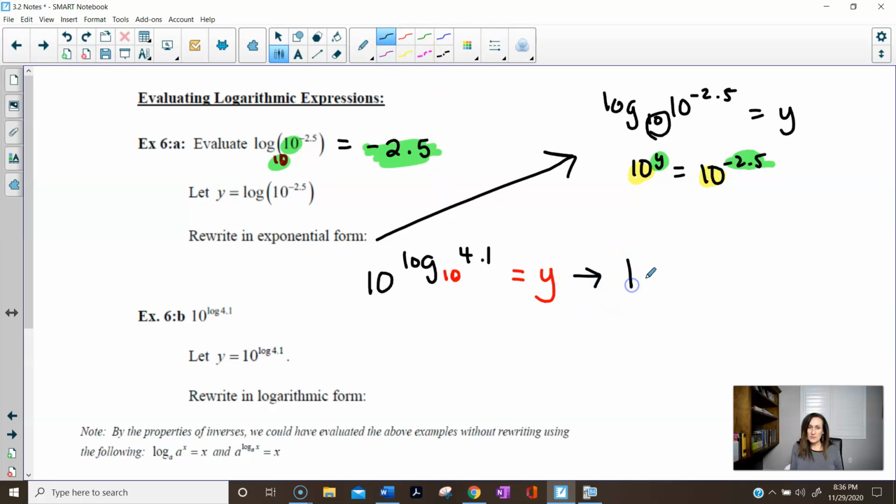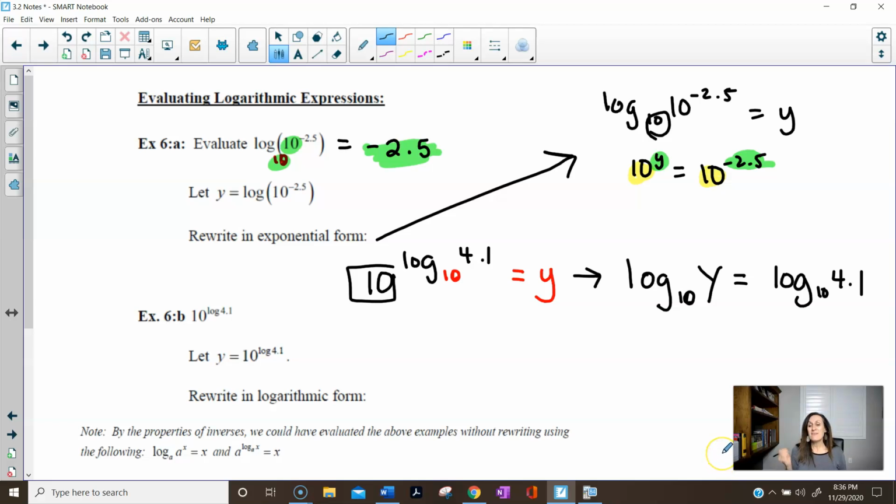So as a logarithm, you would write log. And then do you notice this base is base 10? The answer was y. So we don't know what the answer is. Here's the y. But we do know that a logarithm always equals the exponent, which is log base 10 of 4.1. That was the exponent.